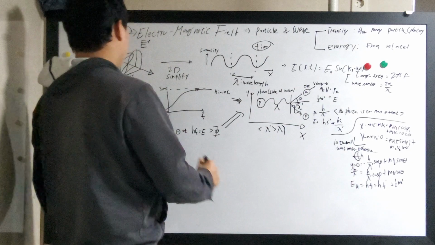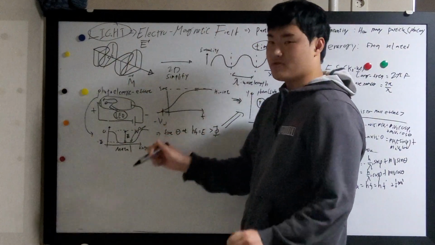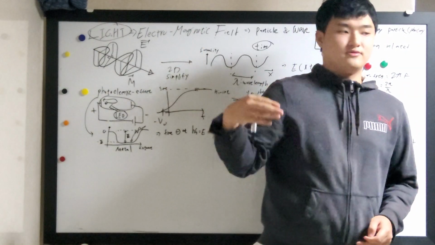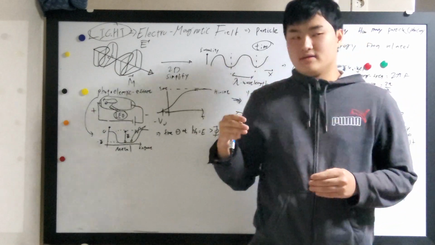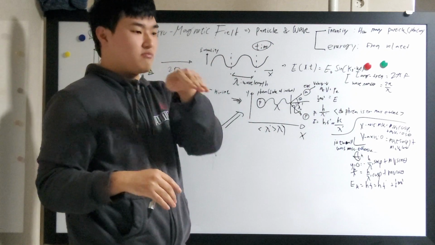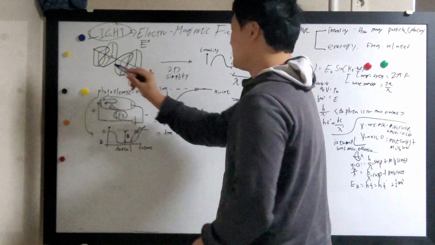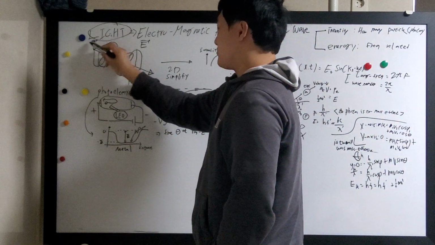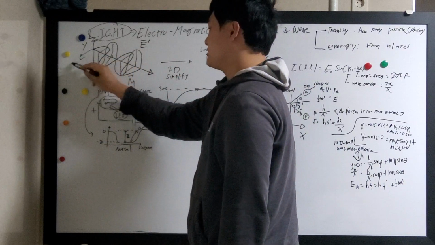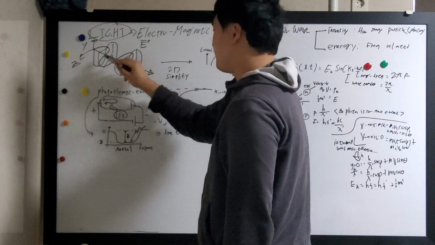In modern theory of physics, light is an electromagnetic field, which means along the y-axis the electric field propagates, and tilted by 90 degrees, the magnetic field follows the electric field perpendicularly. So along the y-axis the electric field will propagate, and along the z-axis or x-axis the magnetic field will follow the electric field.